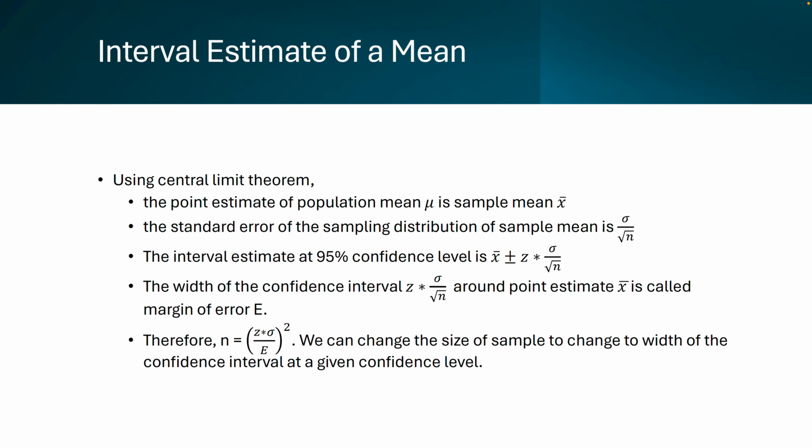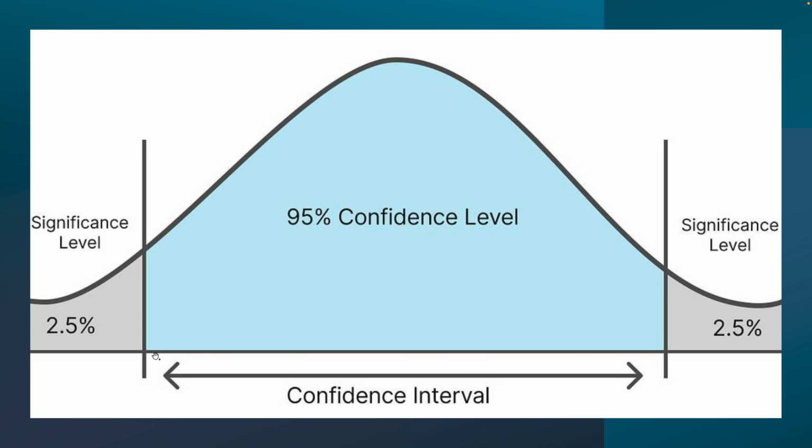So the interval estimate at 95% confidence level will be point estimate plus minus the width of this confidence interval at 95% confidence level. So we choose the endpoints of this interval such that it captures 95% of the area in the center.